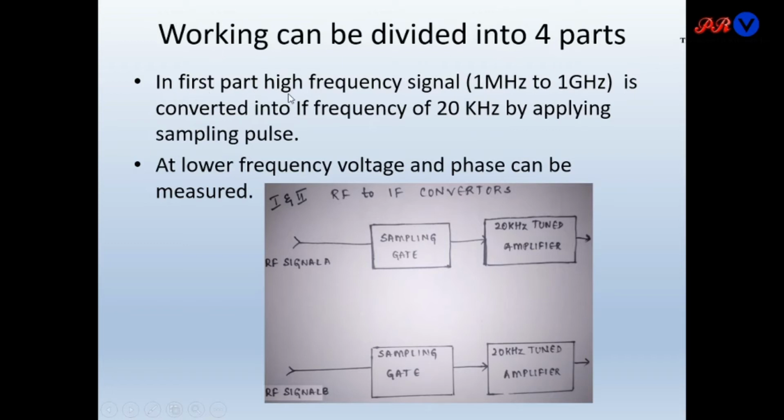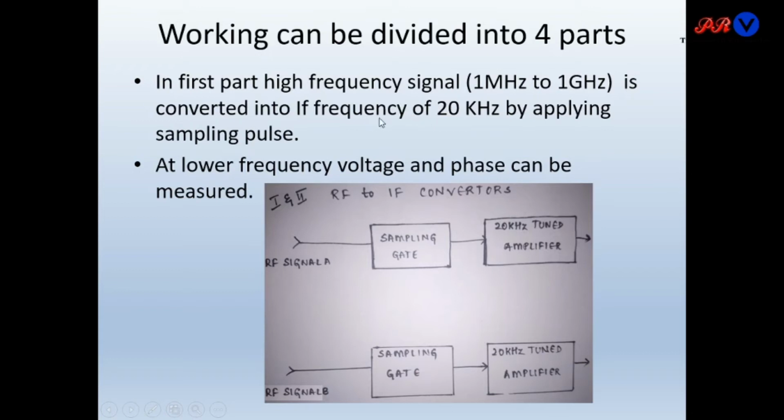In the first part, a high frequency RF signal of frequency 1 megahertz to 1 gigahertz is converted into IF frequency, that is, IF means intermediate frequency, of 20 kilohertz by applying a sampling pulse. So this is our RF signal which we convert into IF frequency of 20 kilohertz by using a 20 kilohertz tuned amplifier.